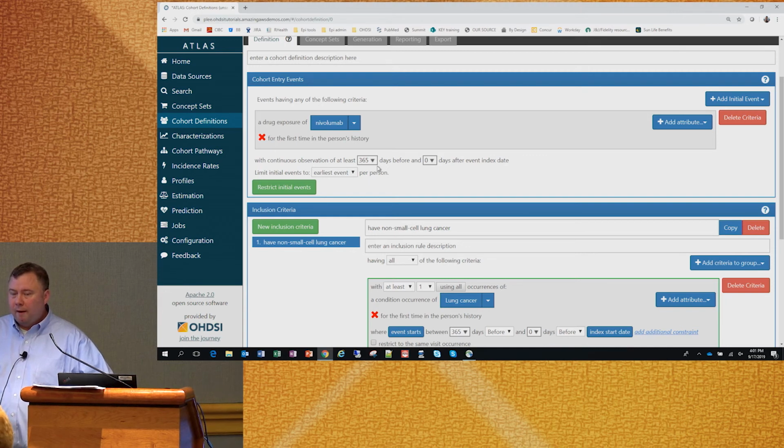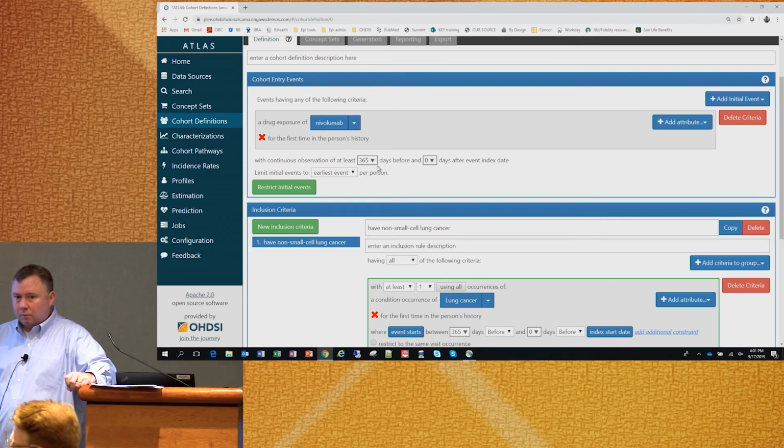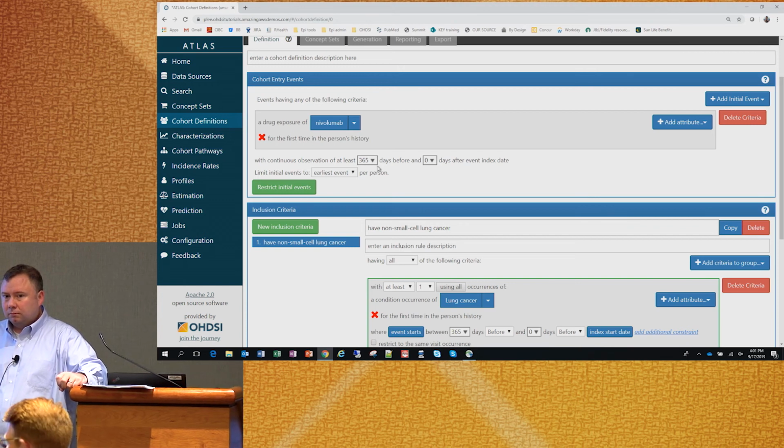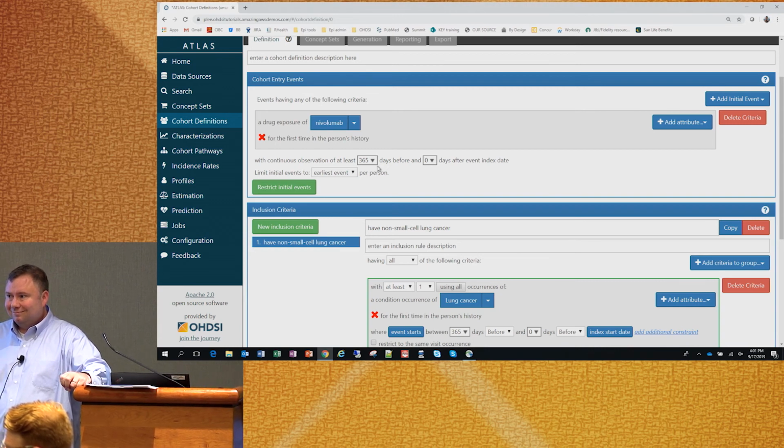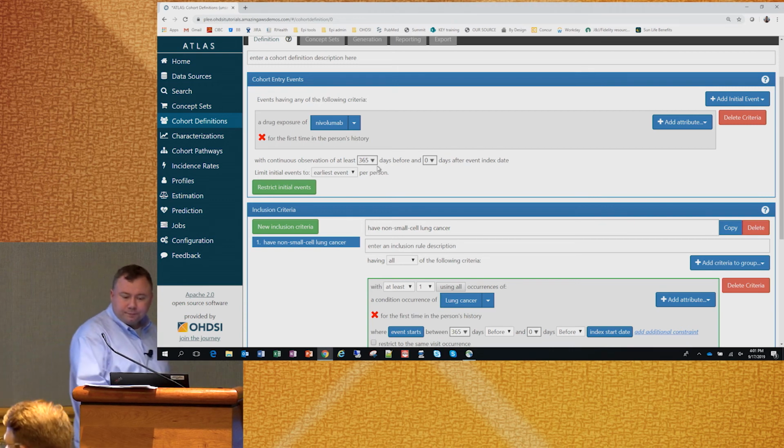So the longer the prior required observation time is, the more confident you can be that's the first time they've had it. If they've been in the database a day and they have that drug there, well, they might have had it before, it's just not captured in that database. Okay. Yep. All right.